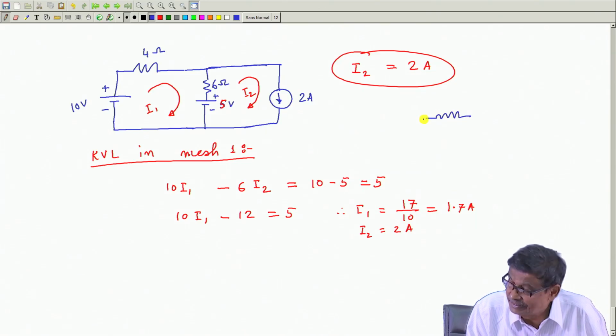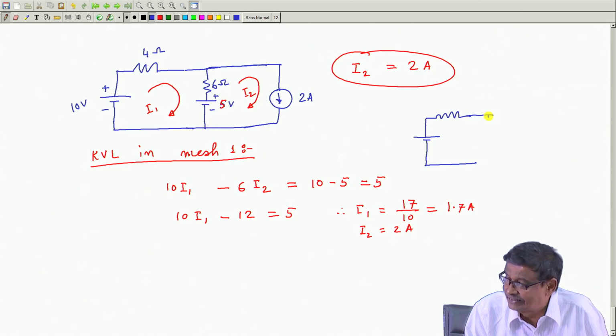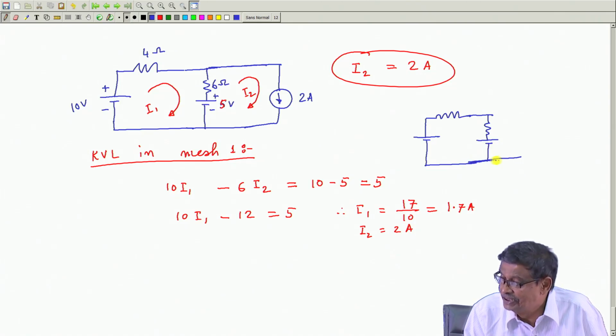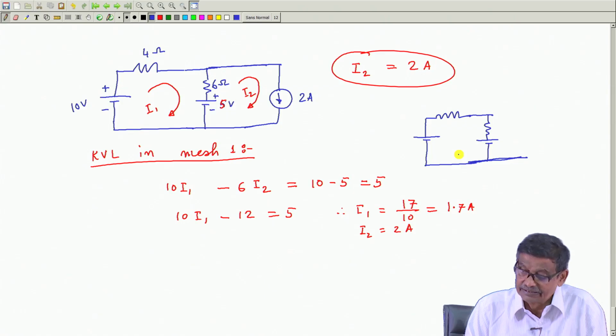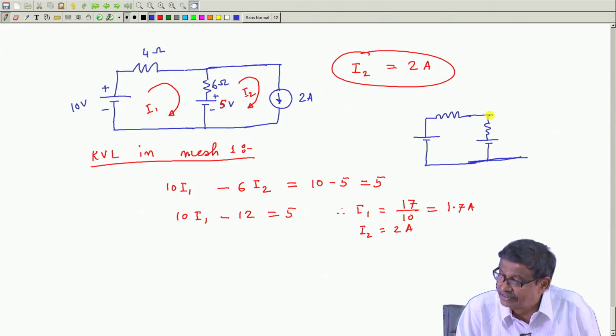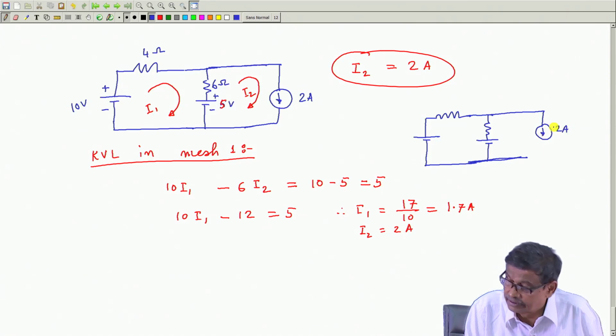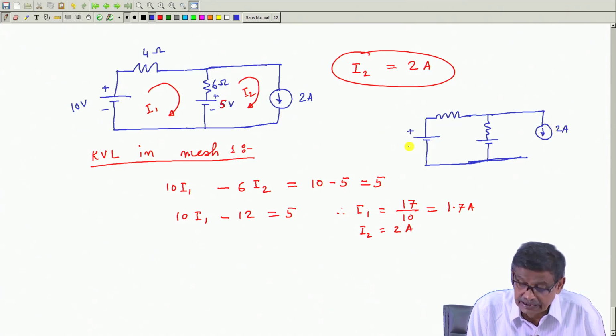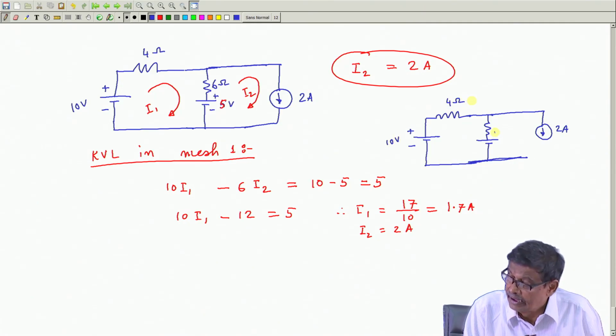I will redraw the circuit. It is suggested at least for those who are getting initiated to circuit analysis. This was the original circuit, 2 ampere, plus minus 10 volt, 4 ohm, 6 ohm and plus minus 5 volt.